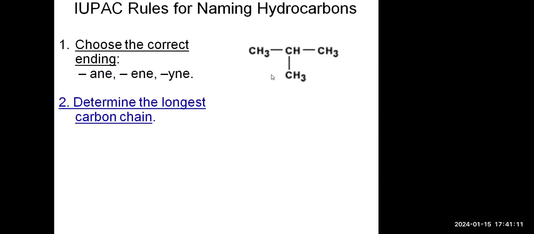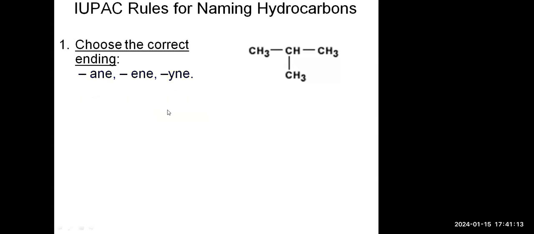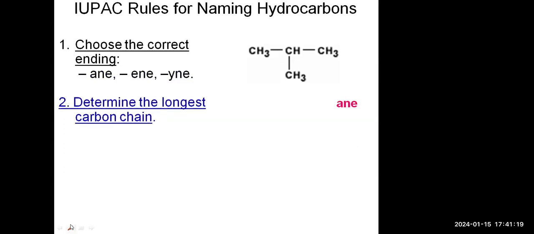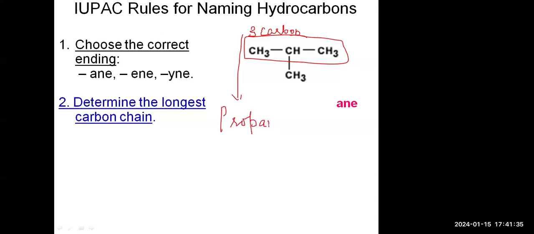So this is what we were discussing. This is the parent chain, and it has 3 carbon. So for 3 carbon, we have propane, right? And this is the branch.